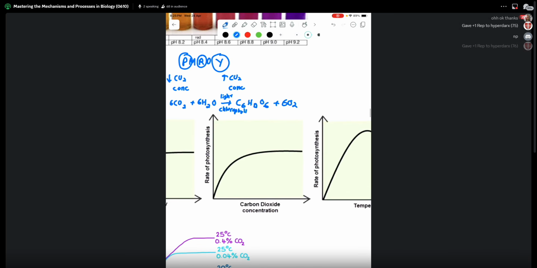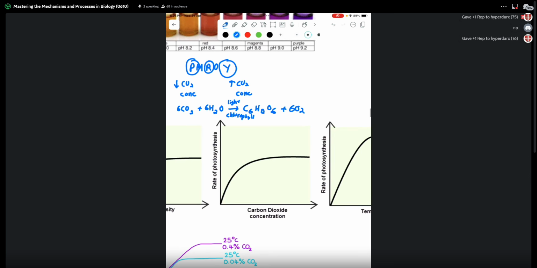Next one, CO2 concentration. Very important. CO2 is a reactant of photosynthesis, so when we have a lot of CO2, the rate of photosynthesis will also increase. At a lower CO2 concentration, there will be a lesser rate of photosynthesis. But when this increases, the rate can become higher. But eventually it will also remain stationary. Why is that? Because too much CO2 will also cause acidity.